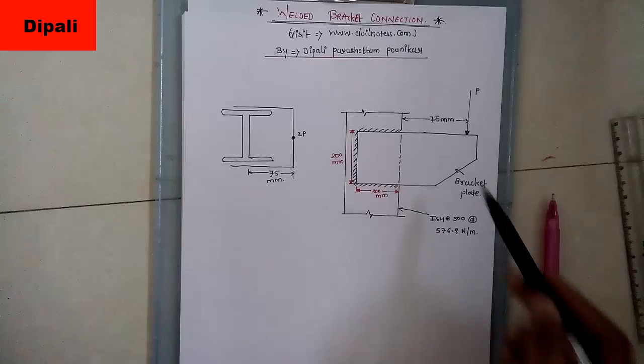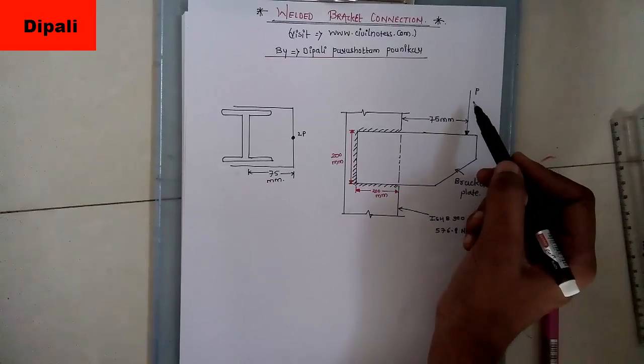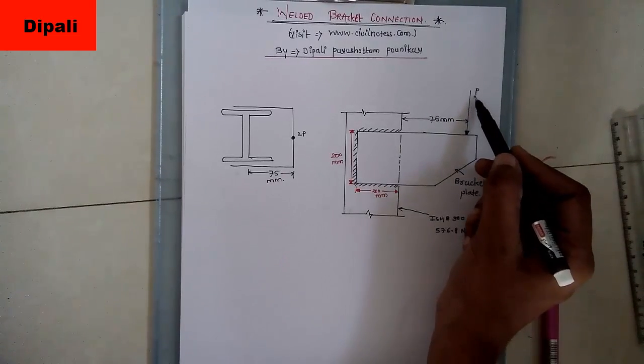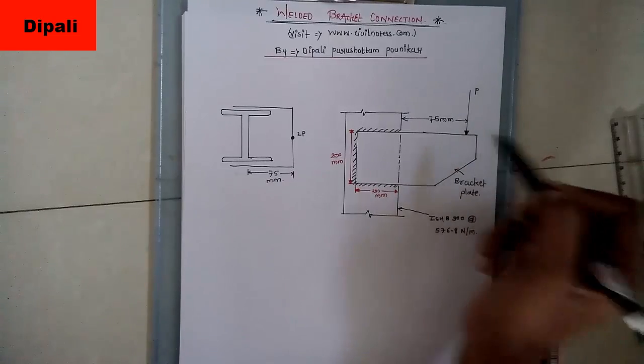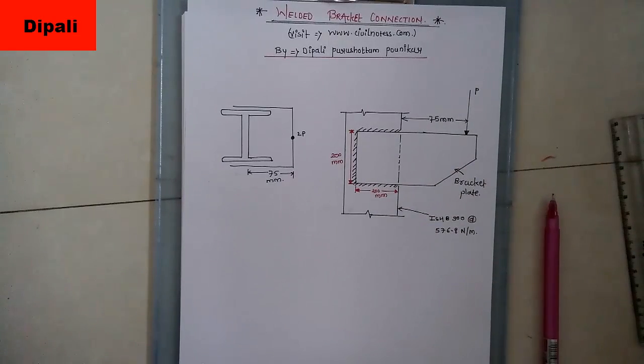As you can see in this diagram, the load P is the eccentric load acting over the joint, the factored load which the joint can transfer through the flange. The numerical is like this: a bracket plate is used to transfer the reaction of a beam to the column flange as shown in the figure. The bracket plate is connected to the column flange by a 6 mm fillet weld.